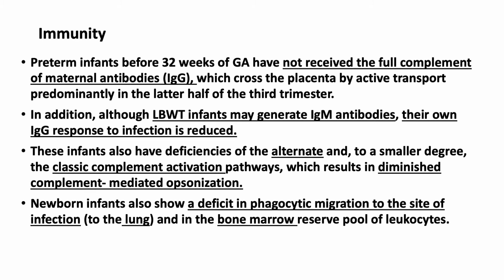These infants also have deficiencies of the alternate complement pathway, and to a smaller degree the classic complement activation pathway, which result in diminished complement-mediated opsonization. Newborn infants also show a deficit in phagocytic migration to the site of infection, like to the lung, and in the bone marrow, the reserve pool of leukocytes.